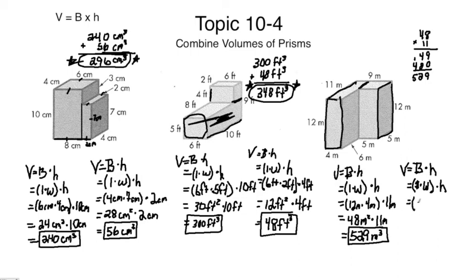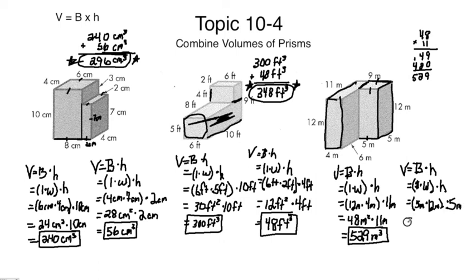I'm going to plug in 5 meters for my length, 12 meters as my width, and multiply it by the height, which is right here, which is what? It's not 9 meters. What's my height? It's down here. 5 meters here, 5 meters would be here. So I'll multiply it by 5 meters.